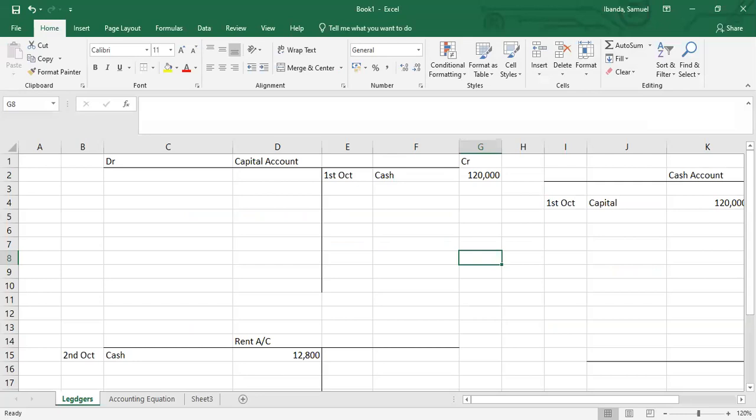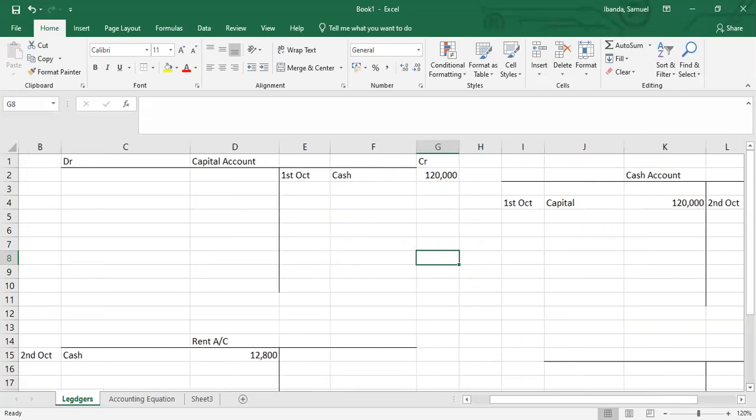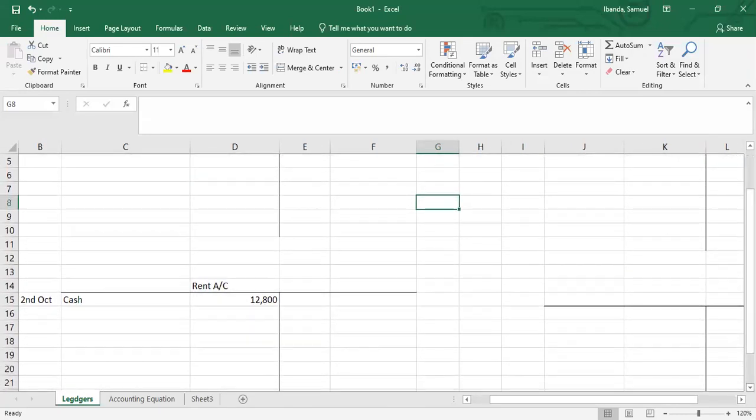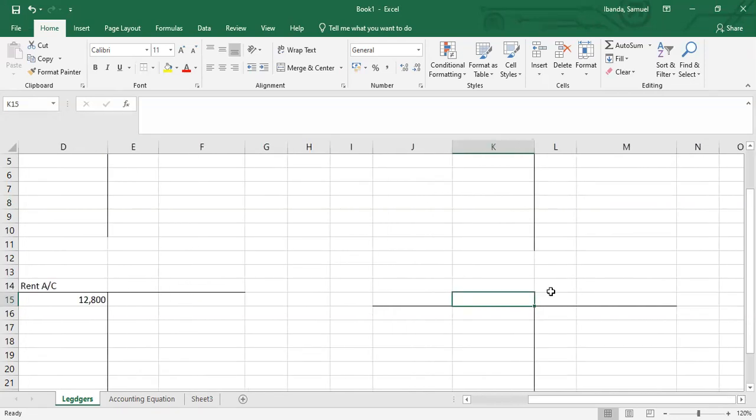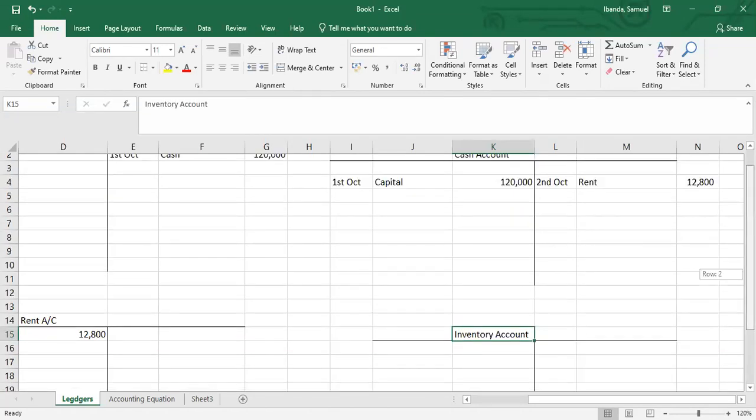So instead of supplies, I want to bring in either inventory or purchases, whatever it is. I would want to bring in an inventory account so that we can learn. Inventory is stock, and inventory is a current asset.